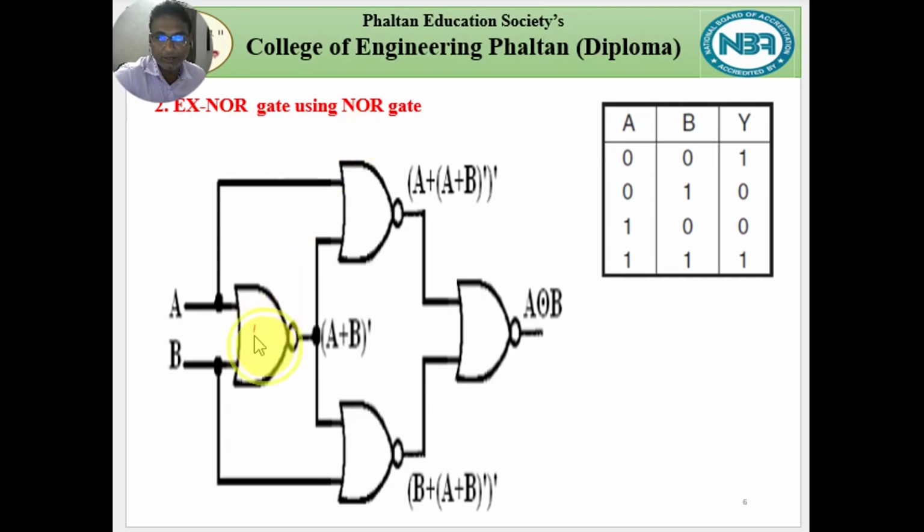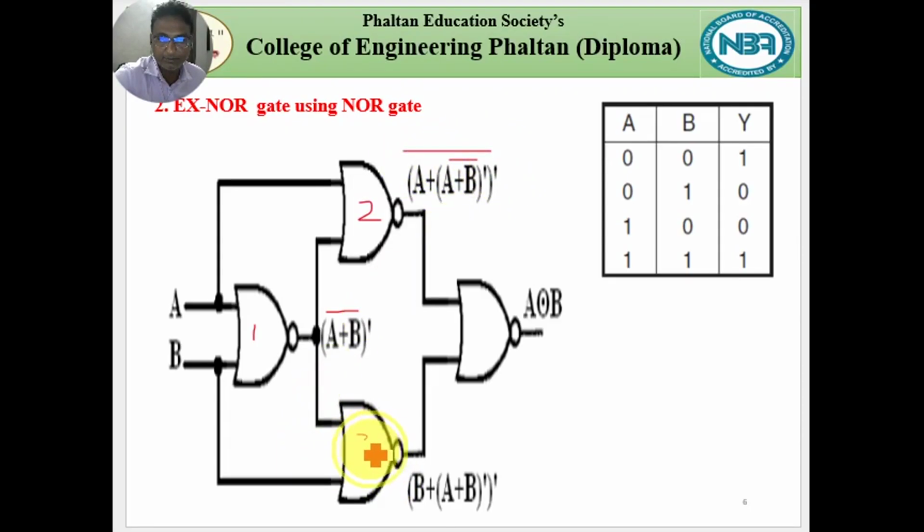And lastly, the XNOR gate design using NOR gates. Here is the first NOR gate, input is A and B, we get (A plus B) bar. Same for the second, one input is A, second input is (A plus B) bar, and the output of the second NOR gate is (A plus (A plus B) bar) totally bar.